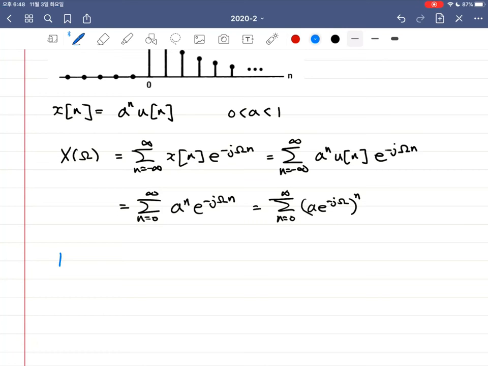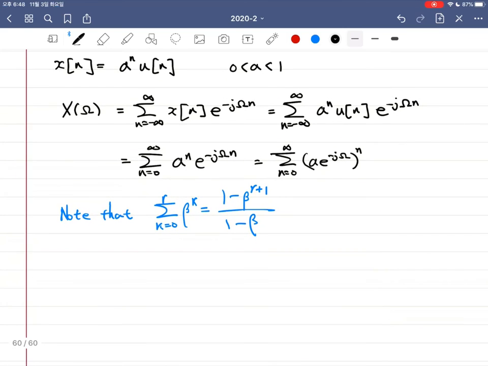We will use the formula one more time for this example, and if you use that, then it becomes 1 minus a e^(j omega) to the r plus 1.